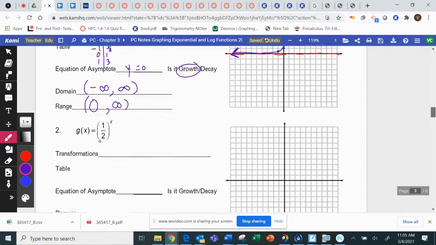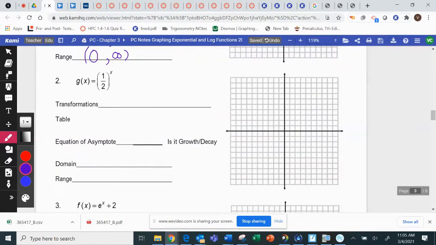All right, next one. G of x equals 1/2 to the x. So the 1/2 itself is the base, so we have no transformations. Table, I'm going to put in -1, 0, 1.